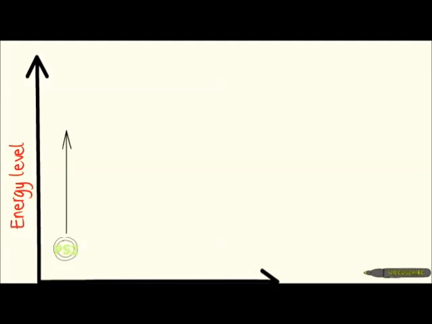This is a graph showing the different energy levels. As the electron passes through the system, it loses energy.